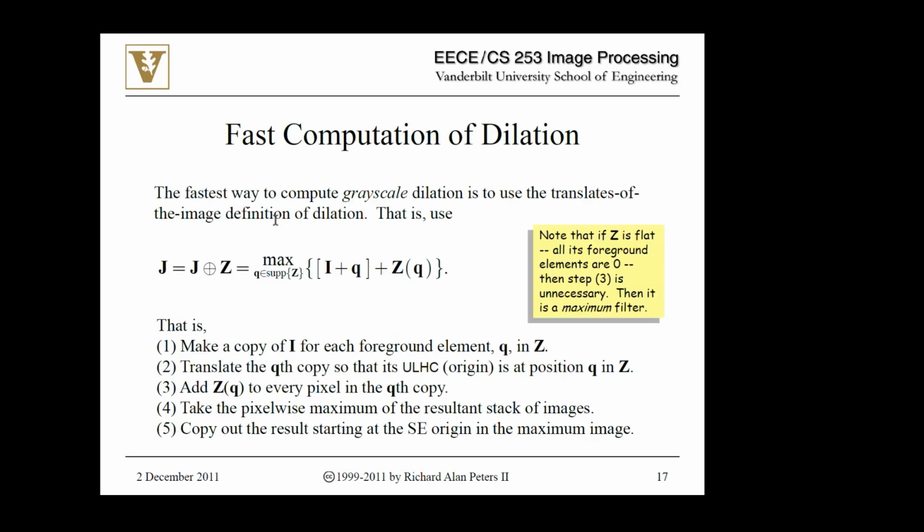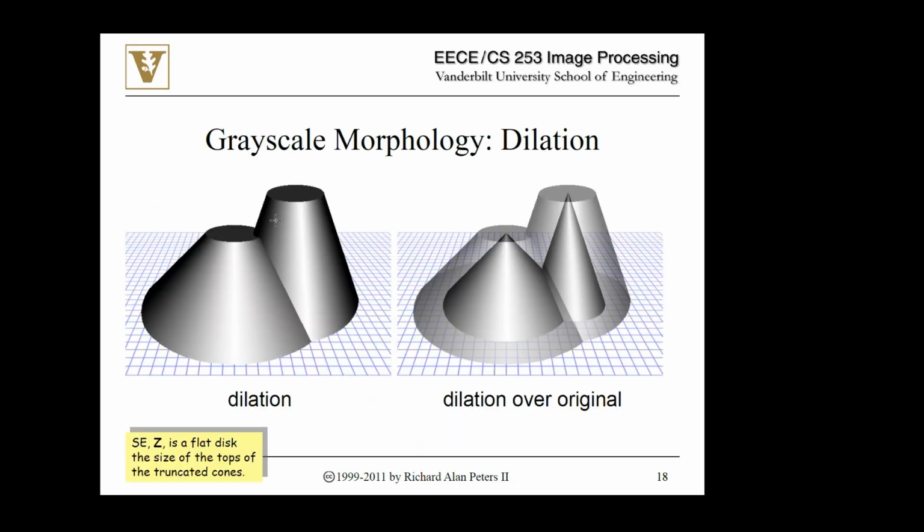Okay, so this is formally, let's see how it goes with one image. Let's say that we have this image, this is our original image, and we want to dilate it with a flat disk. So this structuring element is a flat disk.